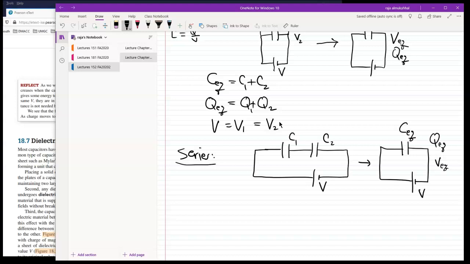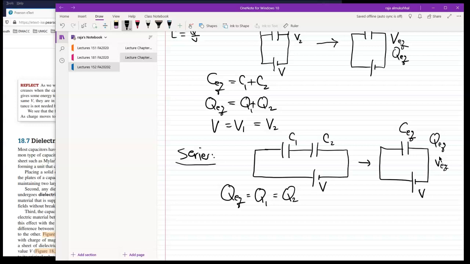So in this case, the charges on a series combination are equal. In other words, the Q equivalent on the equivalent circuit is equal to the charge on Q1, and it's also equal to the charge on Q2, on capacitor 2.